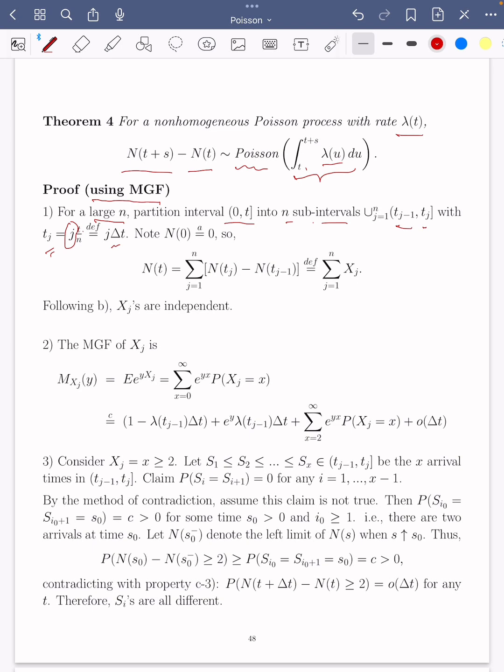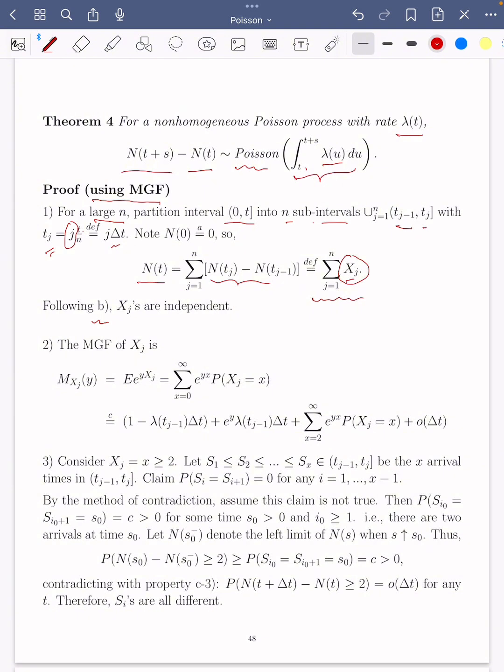So we know that N_t will be equal to the sum of X_j, and each X_j is equal to N of t_j minus N of t_{j-1}. Following the independent increment condition, we know that these X_j's are independent. But since we do not have the stationary increment condition, the distributions of X_1, X_2, up to X_n are not identically distributed.